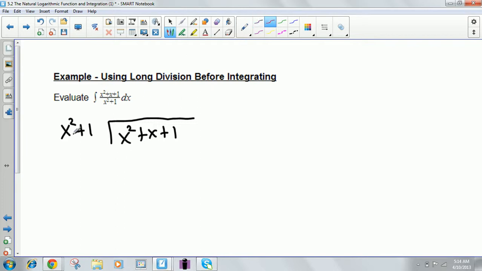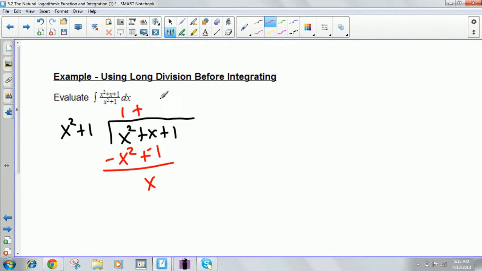And remember, x squared goes into x squared one time. So if you multiply 1 times x squared, and then 1 times 1, and you subtract them, that gets rid of your x squareds and the 1, and you're just left with x.